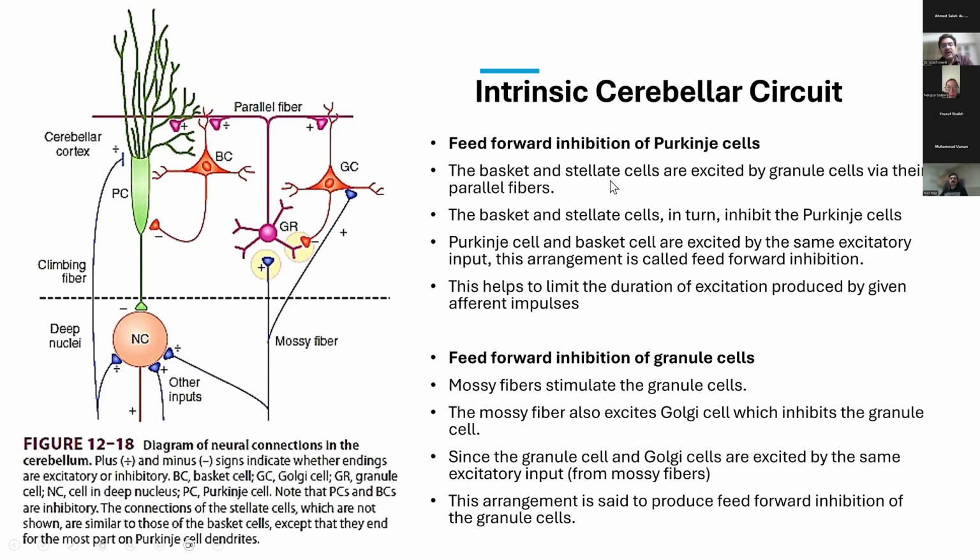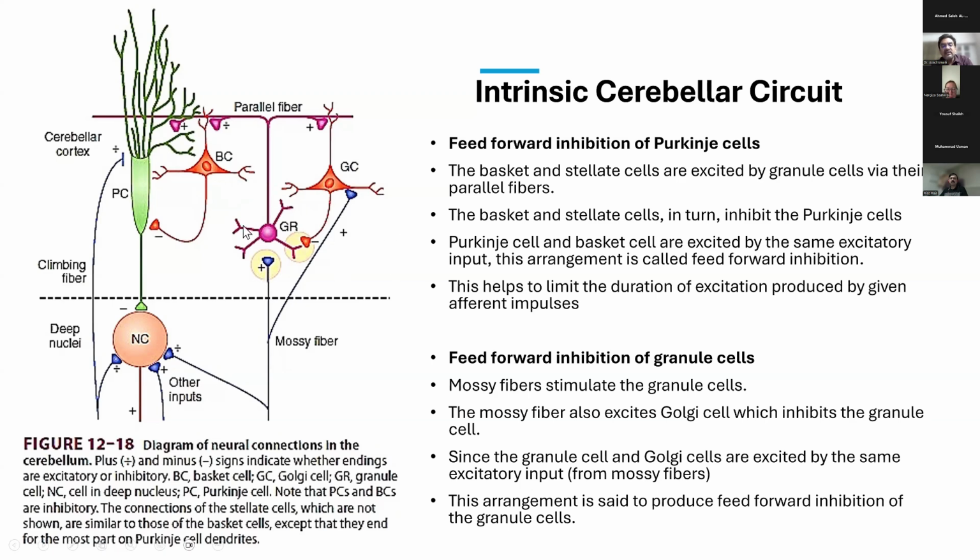So you can see the basket and the stellate cells are excited by granule cells through the parallel fibers. This is the basket cells, you can see my cursor, and the stellate cells are excited by the granular cells. So the granular cell is giving signals to the basket cells and the stellate cells, and these are excitatory signals.